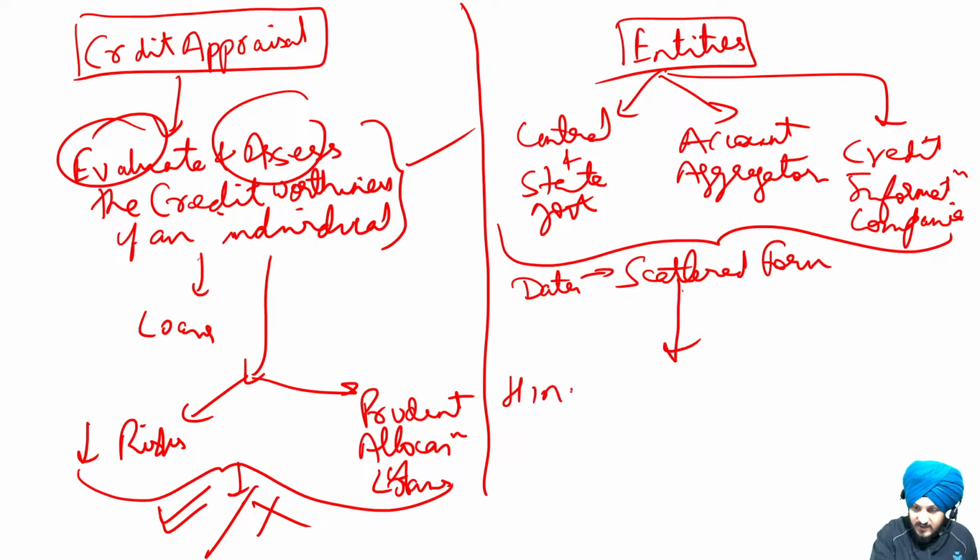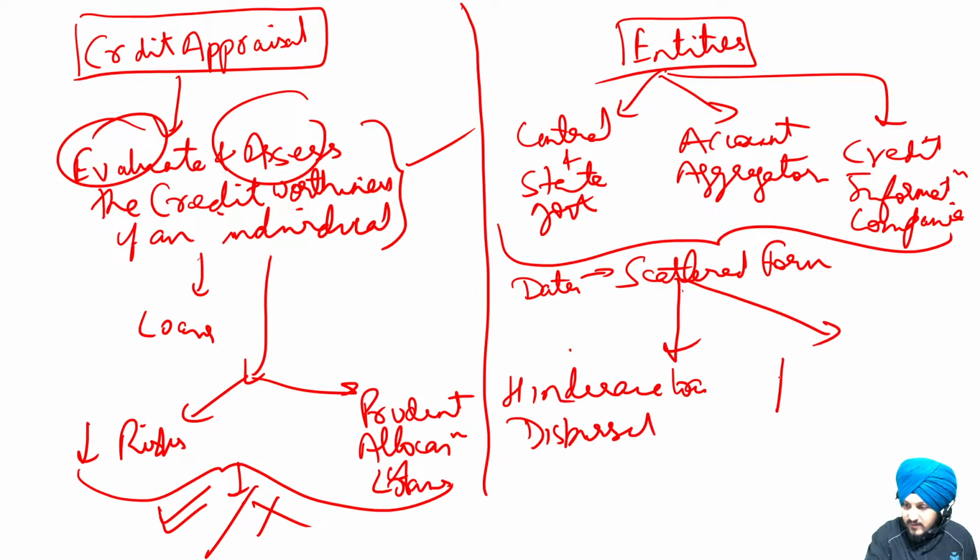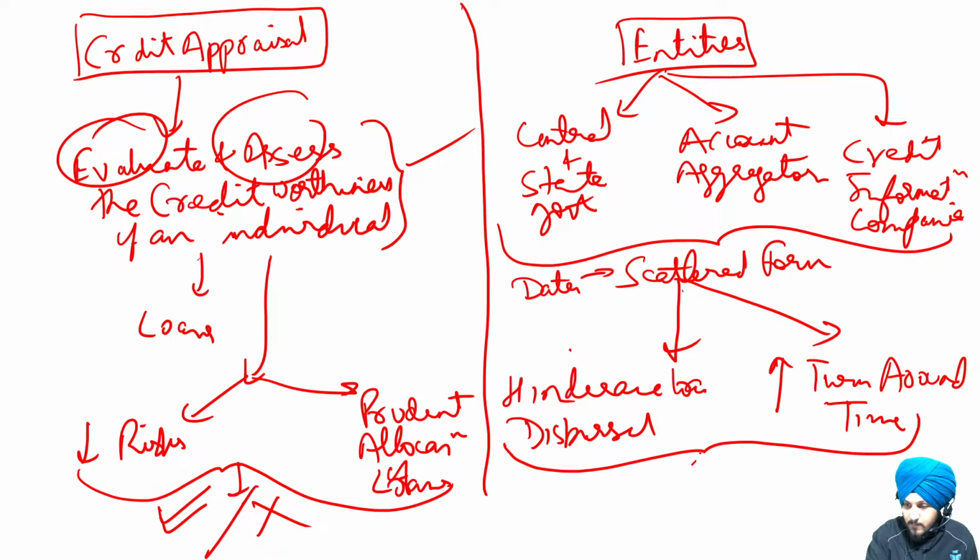It creates hindrance in the disbursal of loans, and also increases the turnaround time for loan disbursal. Turnaround time means the total time the bank takes in order to disburse the loan to an individual. And all these problems are because the bank has to connect to these multiple entities.